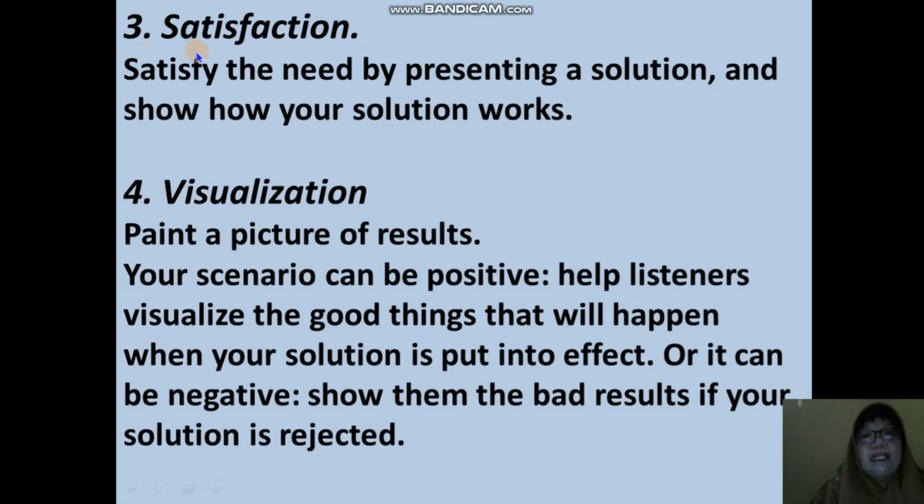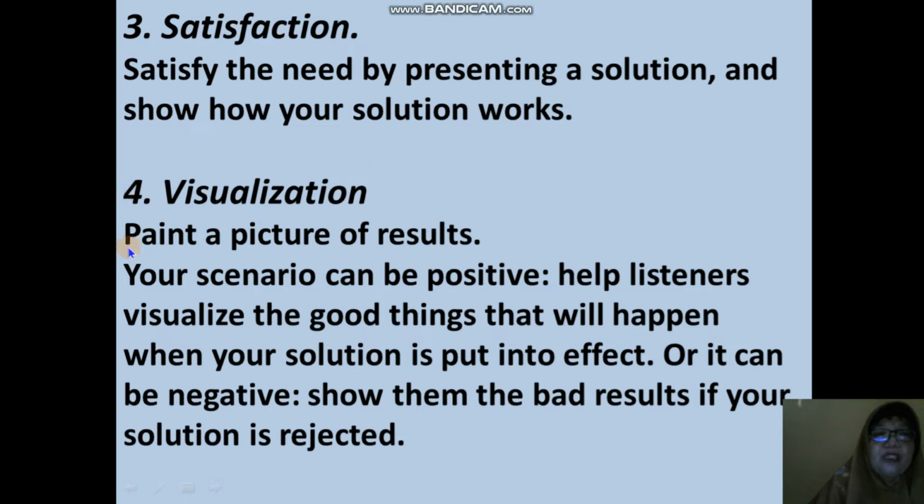The third element in your persuasive speech using the pattern of organization motivated sequence is satisfaction. You try to satisfy the need by presenting a solution and show how your solution works. And the fourth element is visualization.